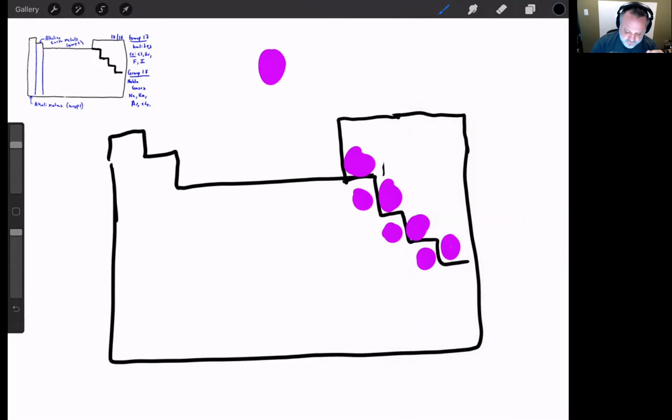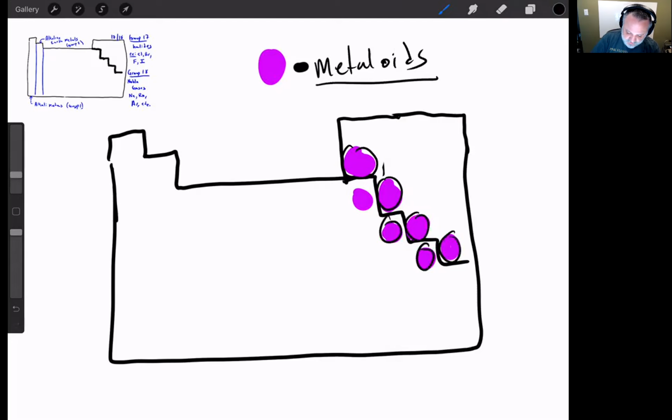And so they have their own name too. They're metalloids. So they sort of have a mix of properties. But any element that's directly on either side of this zigzag line is a metalloid.